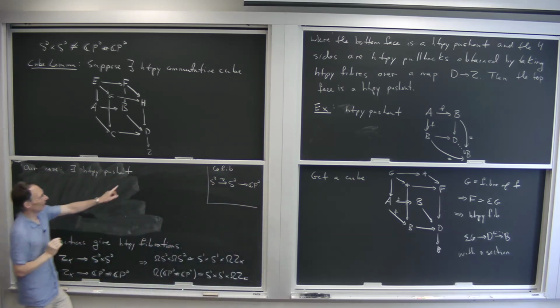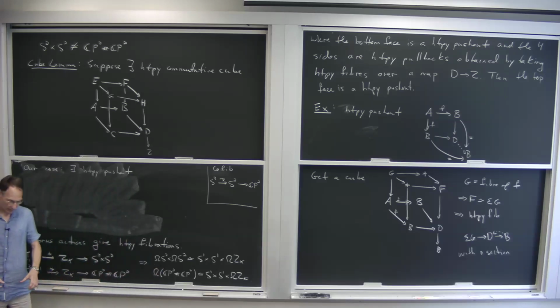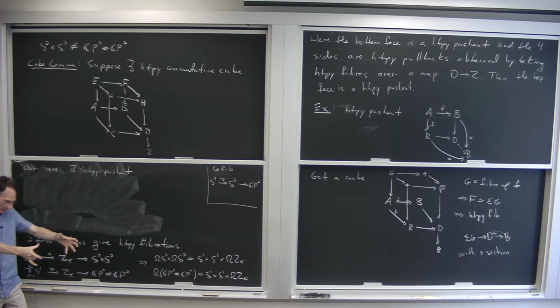Right? And anytime you have a connected sum, well, what is a connected sum? You take a manifold of dimension n, you cut out an n-disk, you have another one of dimension n, you cut out an n-disk, and then you glue them together along the boundaries. And if you think about that, that's the same as taking the manifold with a disk cut out, the other manifold with a disk cut out, and then you glue them together along this common boundary.